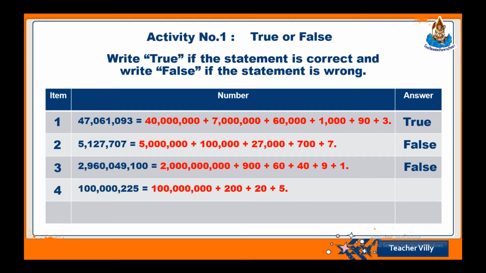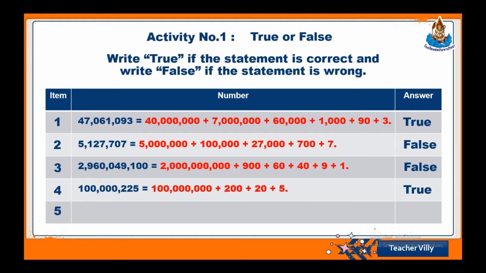Alright, so the correct answer is true. This is 100 million, so this is correct. And we have 200. We have 20. And then 5. Therefore, it's true.